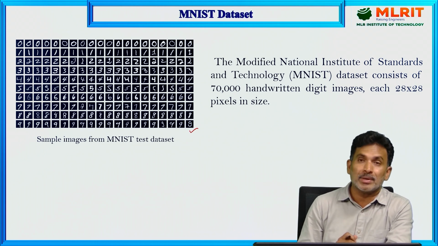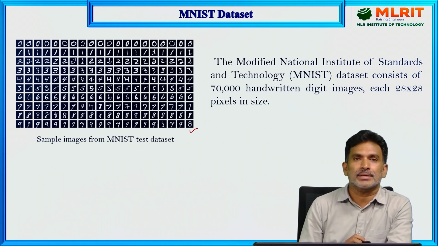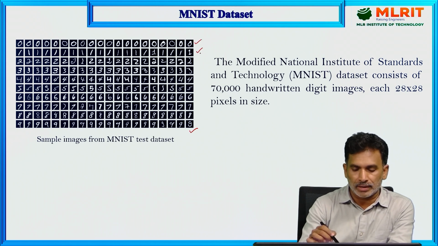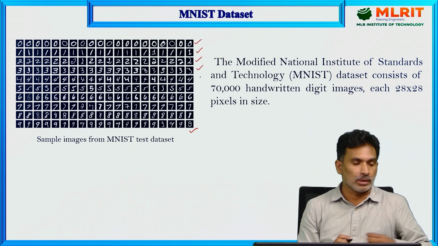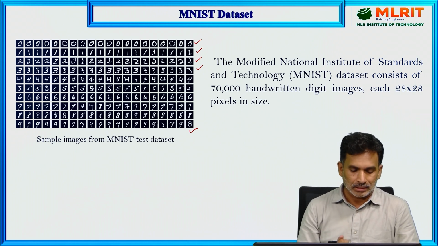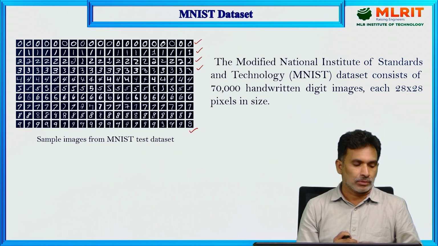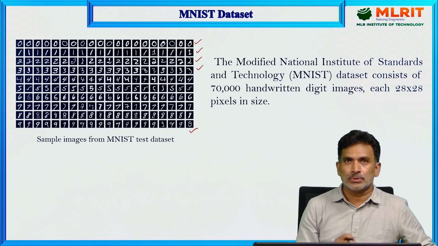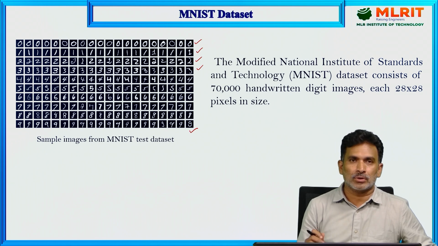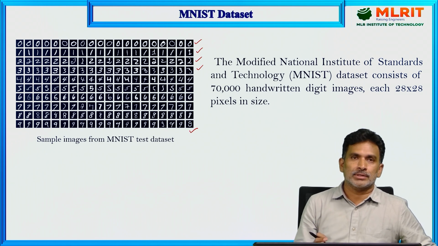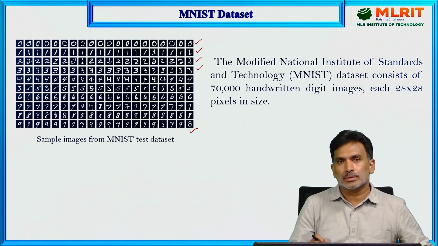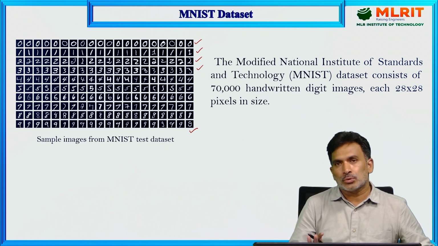These are sample images from the MNIST test data set, with digits from 0 to 9. I'm going to use this data set mainly to explain the multi-layer perceptron, and the main objective is to understand how we can fine-tune the hyperparameters.